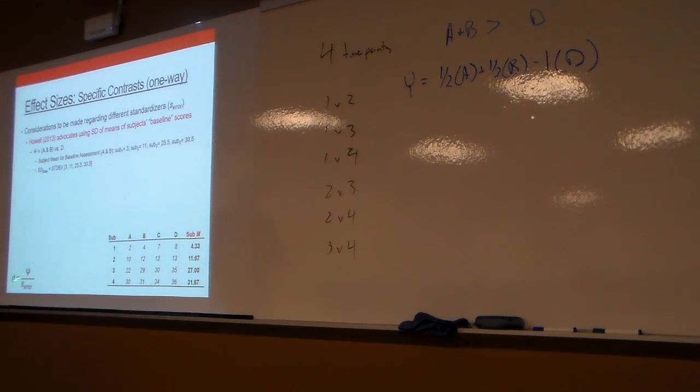Okay, and then this is going to be the basic formula: the value of your contrast over some S error. This isn't the standard error; it's some measure of error, a standard deviation, right? But this is something Howell proposes as a possibility for a contrast like this. Same type of thing if we included this as C and D: go through and take the average score at the beginning and the average score at the end, then take the standard deviation of that to come up with some sort of pooled or average standard deviation.